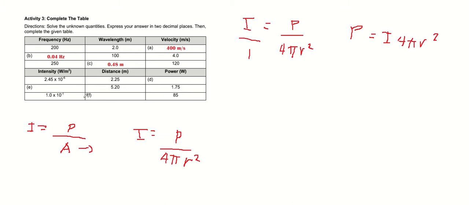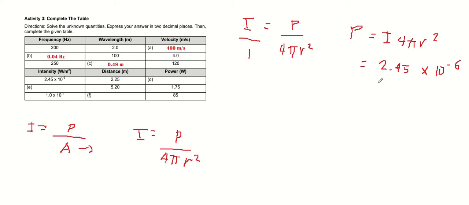Ngayon, meron tayong given na intensity and at the same time, meron tayong given na distance. So, itong distance na to, ito yung value ng R natin o yung radius. Ayan. So, insert lang natin siya dyan. So, ngayon, substitute natin. So, ang intensity natin ay 2.45 times 10 raised sa negative 6.